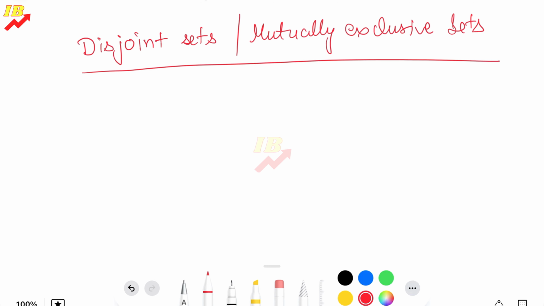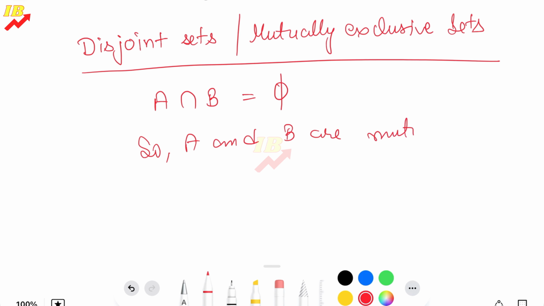And disjoint also means that there is a breaking of it, which is not even joining in any form. So whenever you see that A intersection B is giving you a null set or the empty set, then we can say the given sets are disjoint. So here we can say A and B are mutually exclusive or disjoint sets.